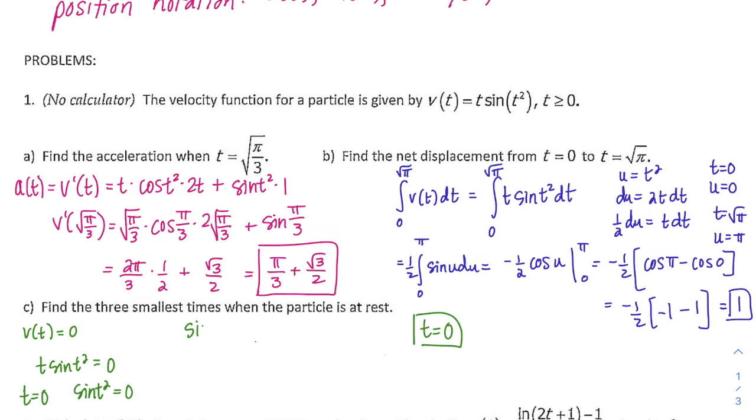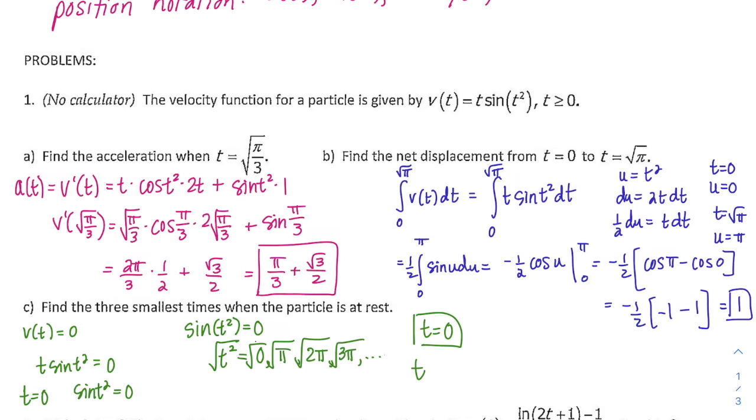Sine of t squared. Well, what I'm going to do is think about when does sine equal 0? Sine equals 0 at 0, sine equals 0 at pi, sine equals 0 at 2 pi, 3 pi, etc. And so I would need to take the square root of all of these.